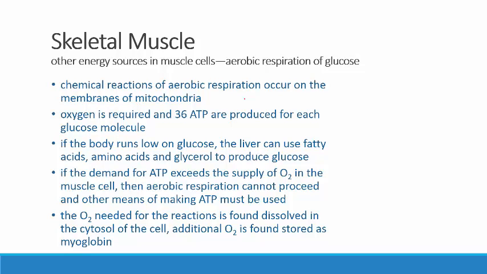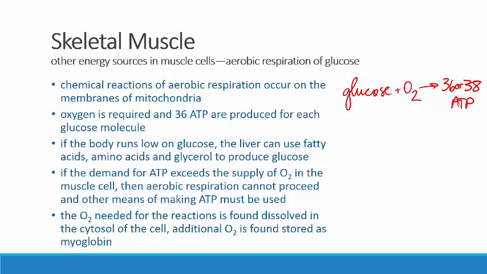So as we deplete creatine phosphate stores, then the muscle will go into what's called aerobic respiration. So if we have glucose and oxygen, then we can produce 36 or 38 ATP molecules. And as long as there's oxygen and glucose available in the muscle cell, then no problem.